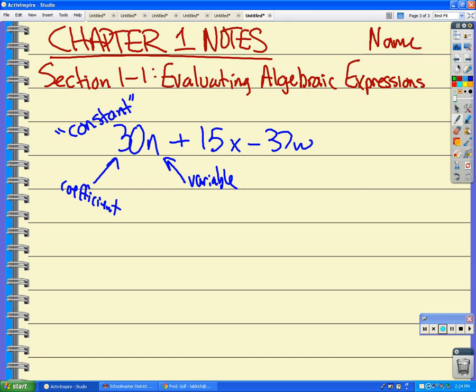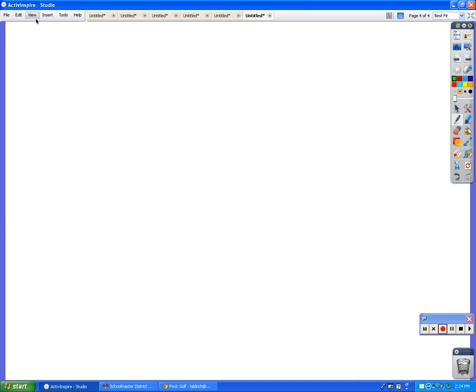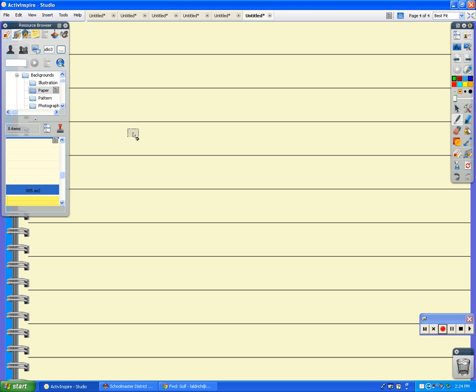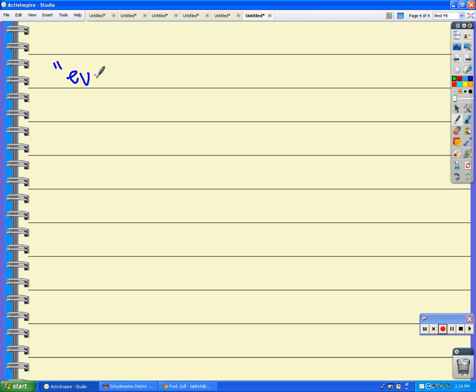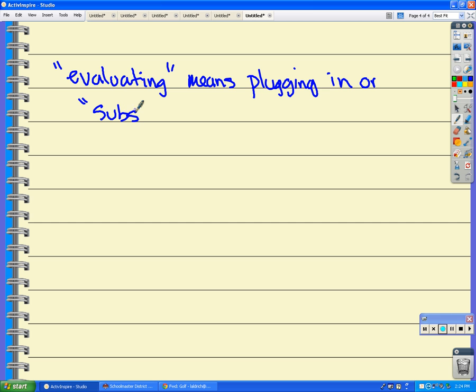All right, so what we are learning about today is evaluating these expressions. And when we evaluate, we are plugging in or substituting a number for the variable.